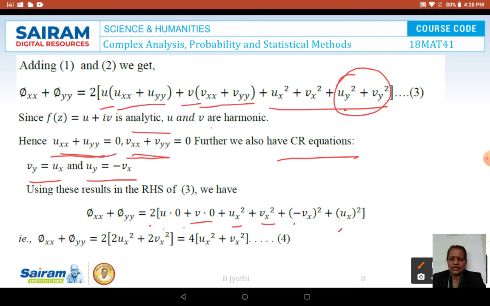Now add the like terms, you will be getting 2ux square plus 2vx square, that gives 4 times ux square plus vx square. Let's call this equation number 4.